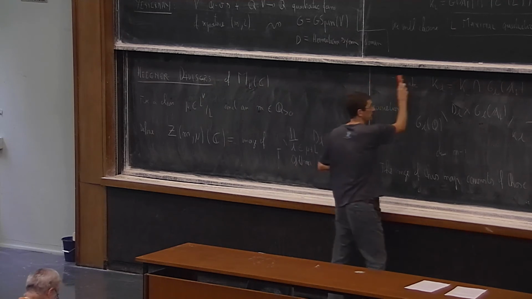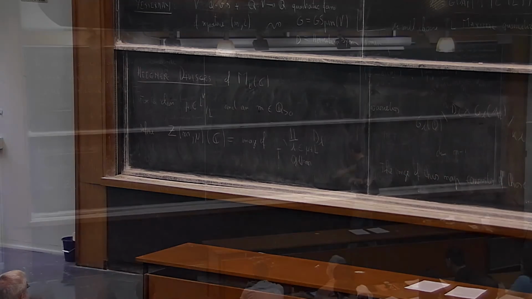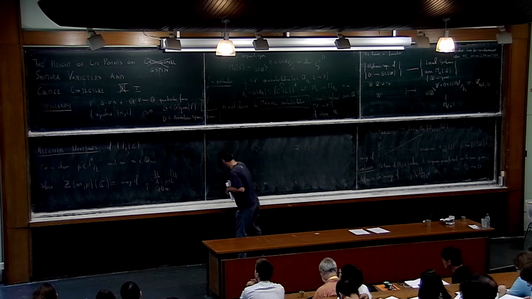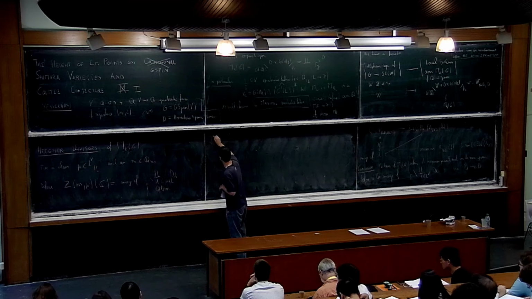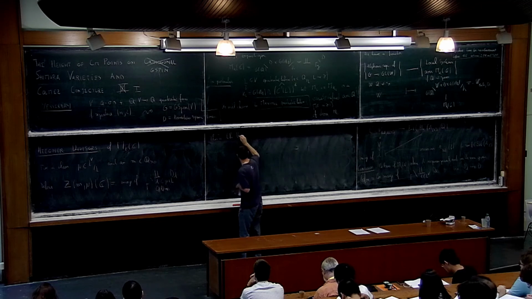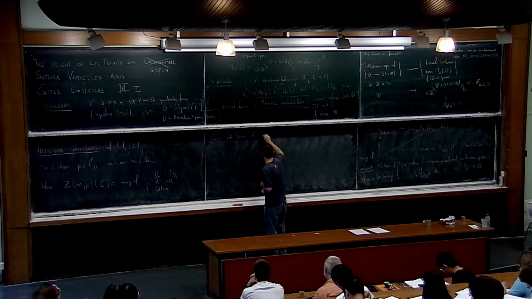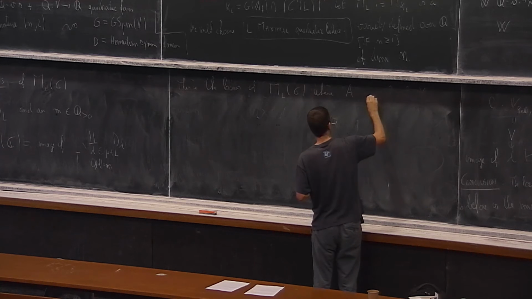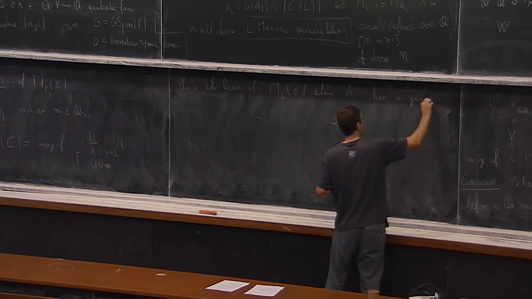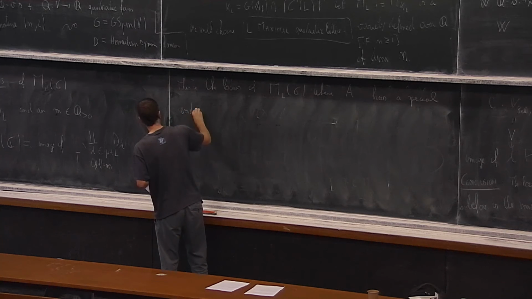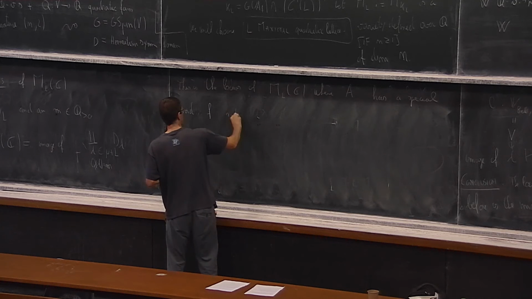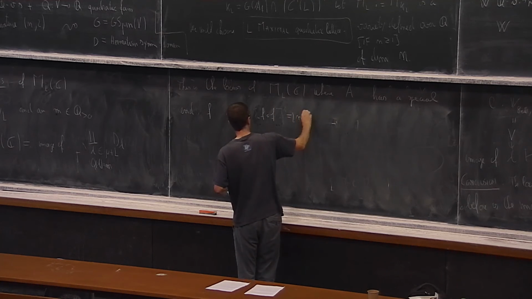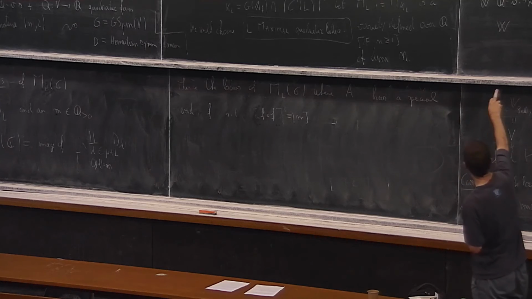And let me finish by saying that this is the locus of MLC where A Kuga-Satake has a special endomorphism F such that F composed F is multiplication by my positive rational number M. Okay.